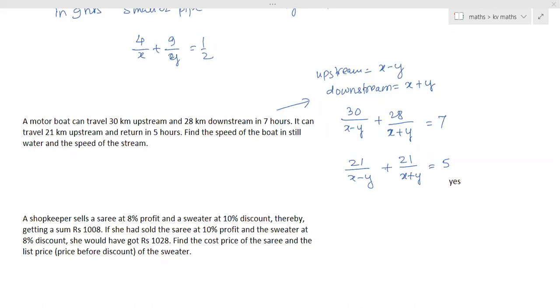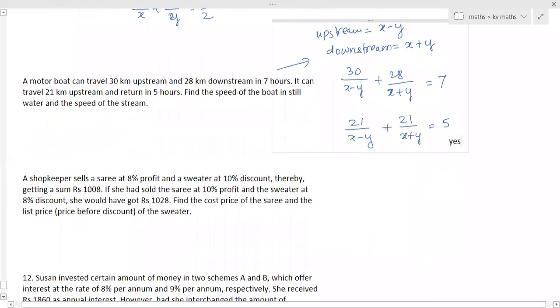Next question, the same as the Jamila question, but here it is a discount. So that means you have to subtract this value, 10%. Same thing, 100 minus 10 by 100 into CP. In this case, for profit you have to add, for calculating SP.